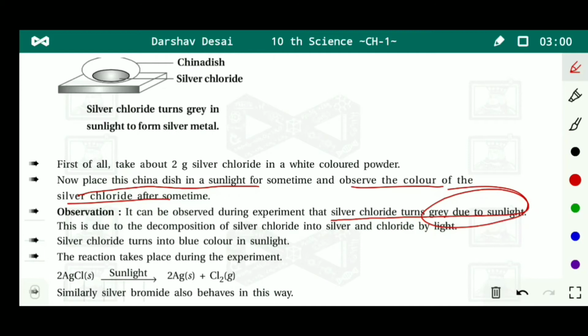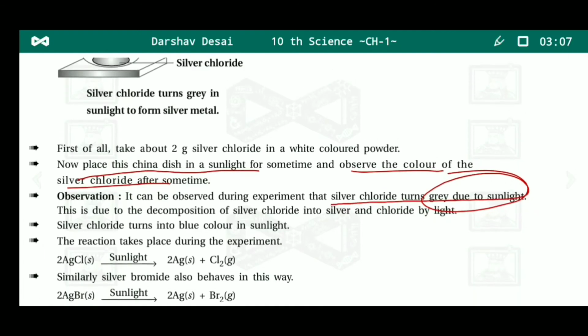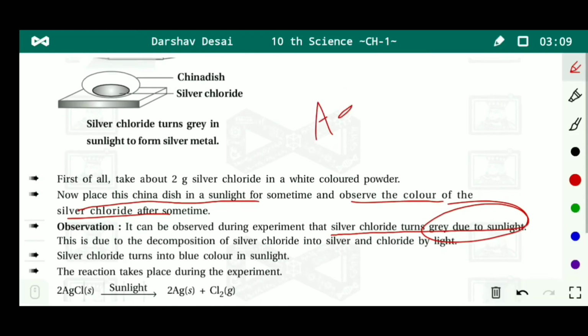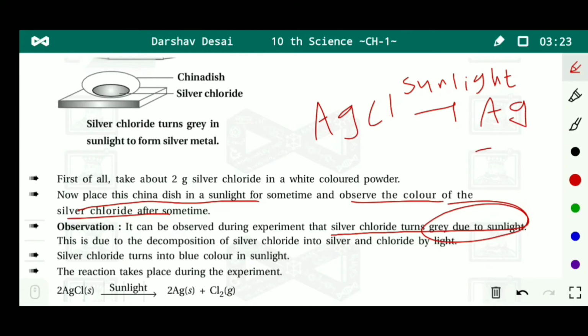Because of the decomposition of silver chloride into silver and chlorine. The reaction takes place in the presence of sunlight. AgCl is decomposed into two substances: Ag and Cl2.